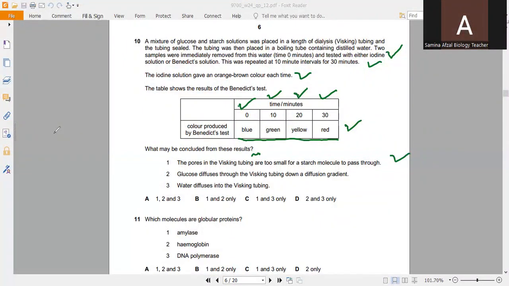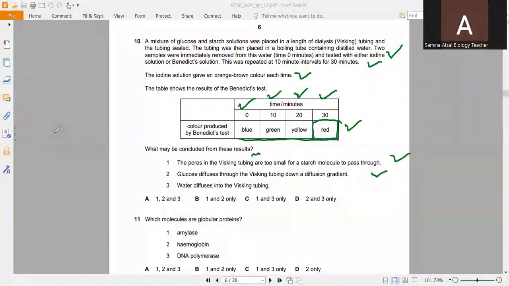That is the reason the Benedict test is positive. The red color shows that the Benedict test is positive and glucose was present there. So it means glucose diffuses through the Visking tubing down a diffusion gradient. So this statement is also correct.